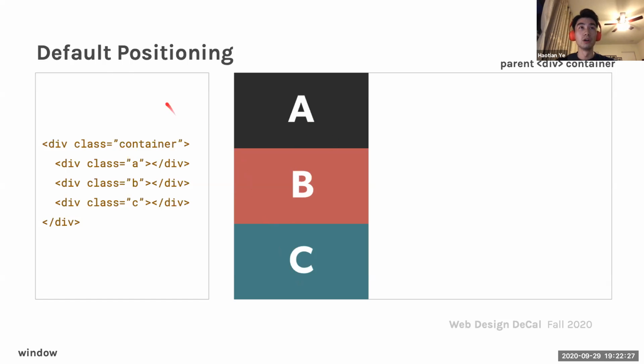So in the case of default positioning, we don't need to do anything because that's what you guys already know. Things flow in a column format. They take up the whole row, although in this situation they're not taking up the whole row, but they flow in a column format. So there's nothing new here.